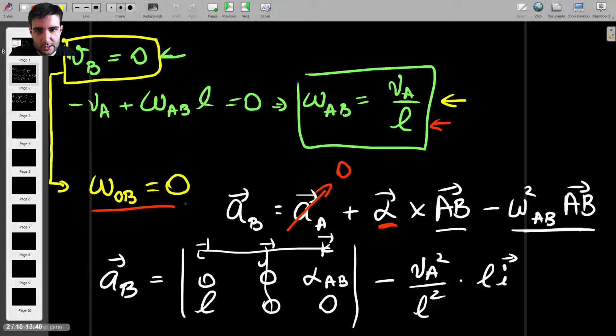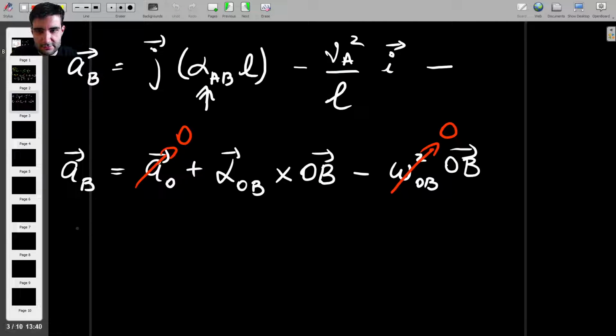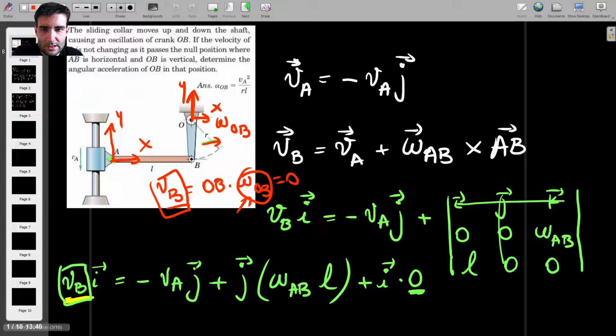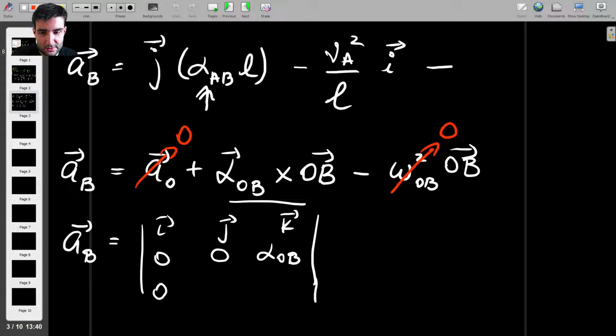This is what we got at this point, which means that the acceleration of B as measured from point O only depends on this cross product, which is i, j, and k, and then we have 0, 0, and then alpha OB, and then OB is minus R. The length of the link is R, and B is below O, so that's in the negative y direction, so that would be minus R and 0.